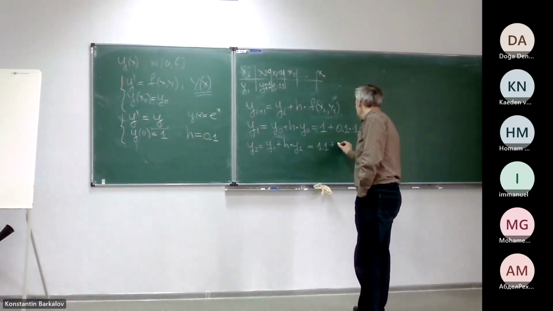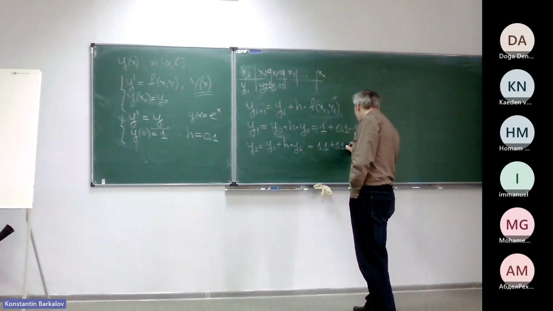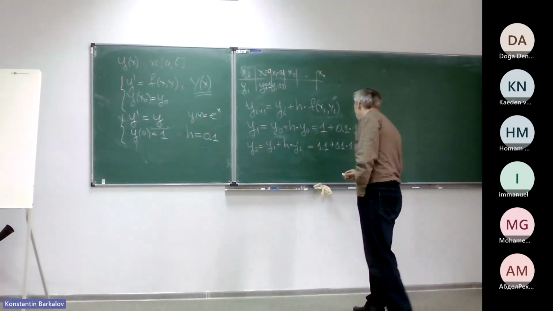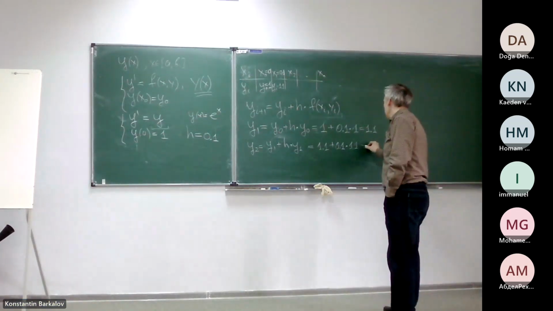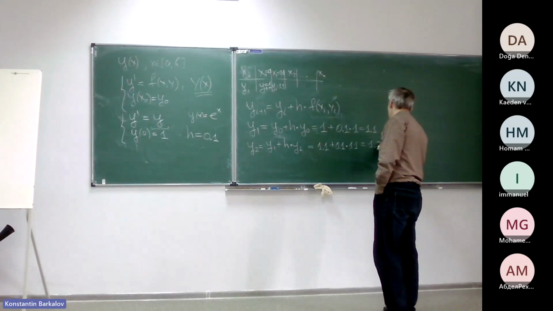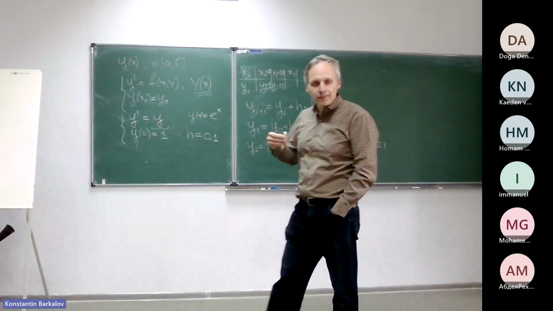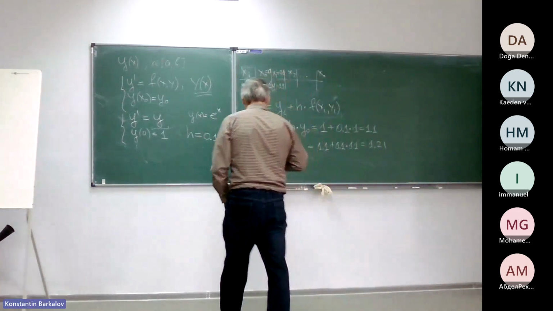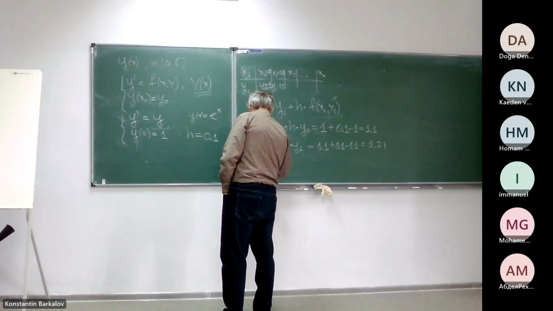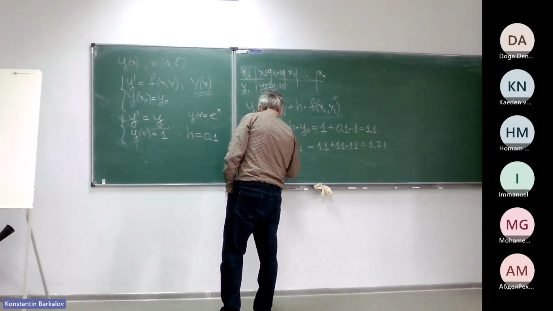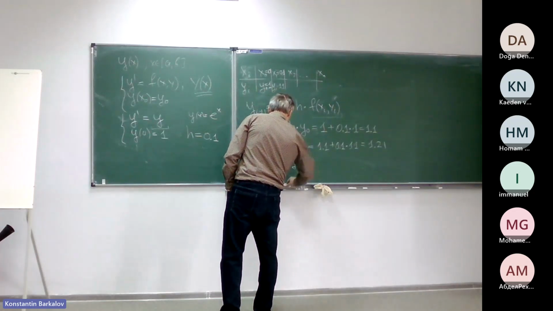1.1 plus 0.1 times 1.1, and we have 1.21. And so on. y3 we can find as y2 plus h times y2.